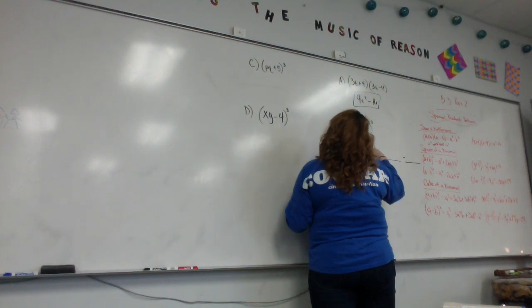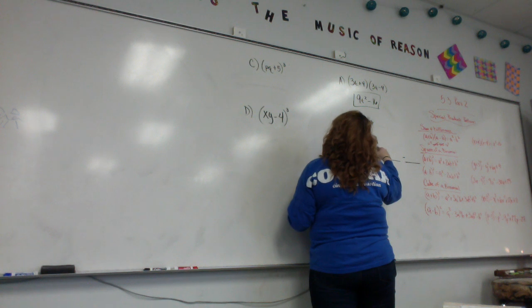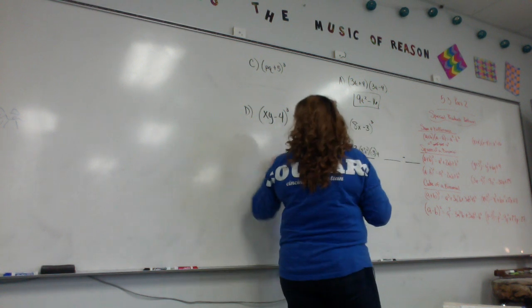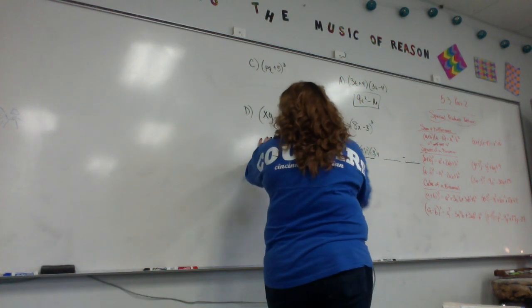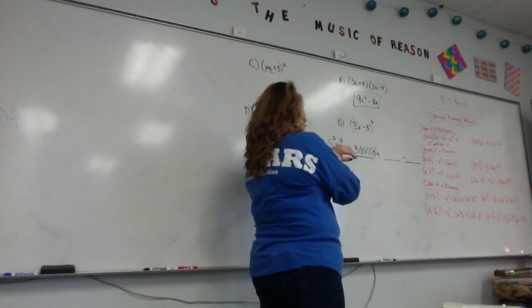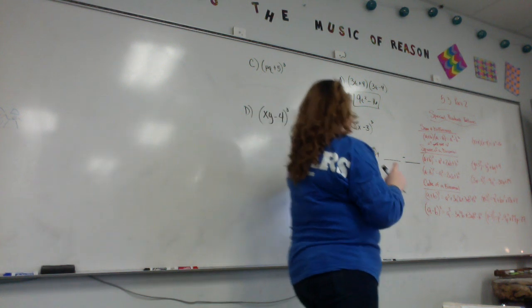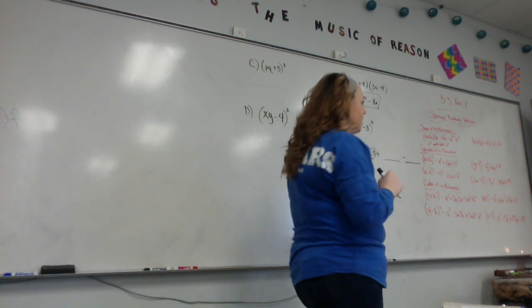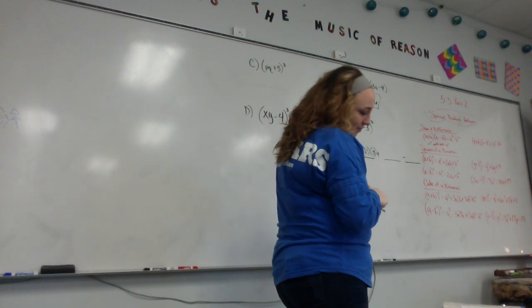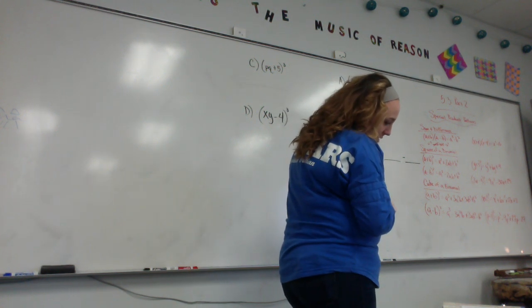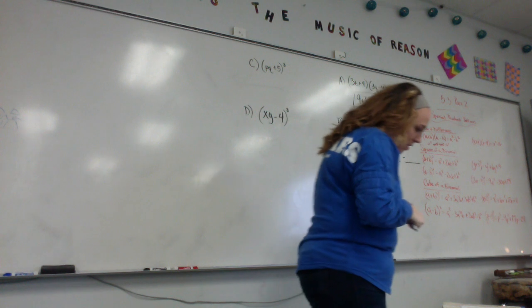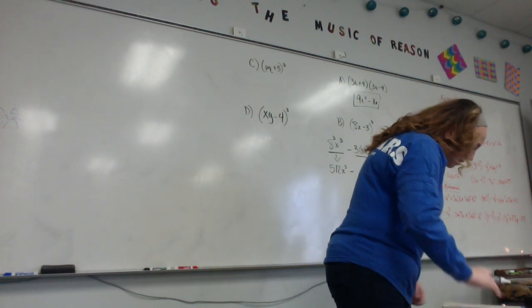What's 8 squared? 64. And what's 64 times -3? -192. And then what's -192 times 3? -576. Negative what? 576.